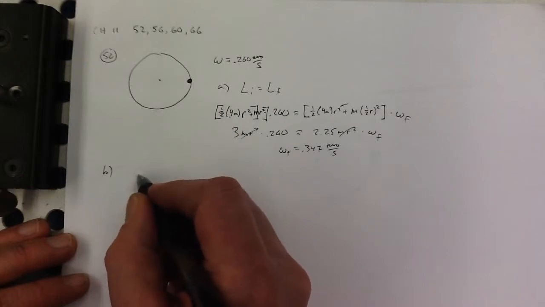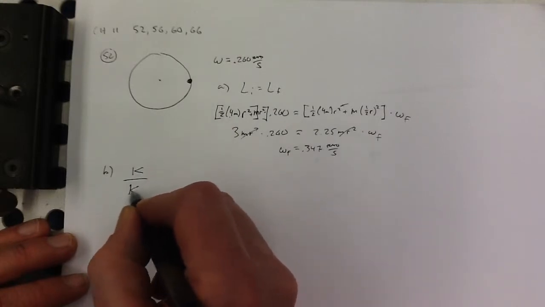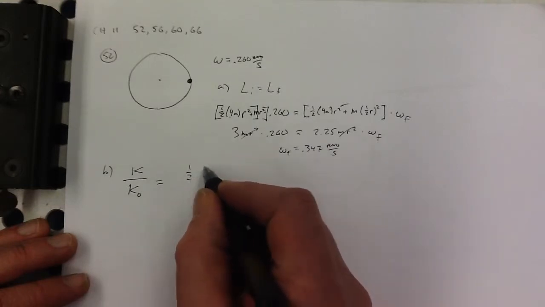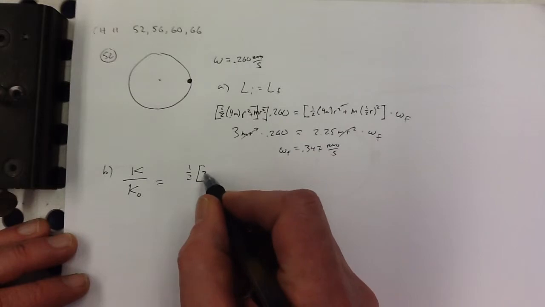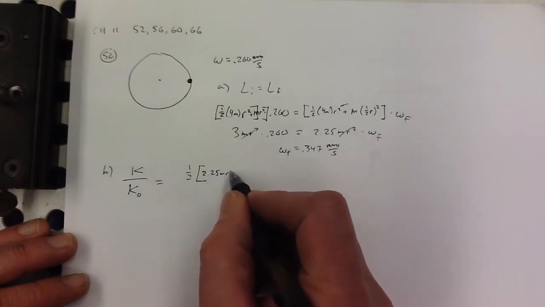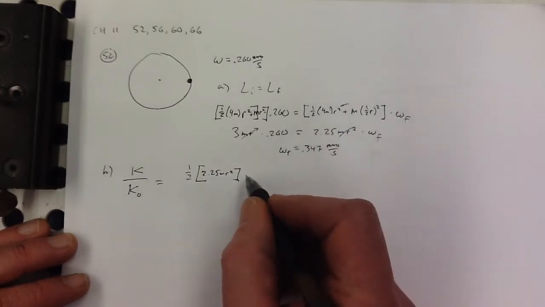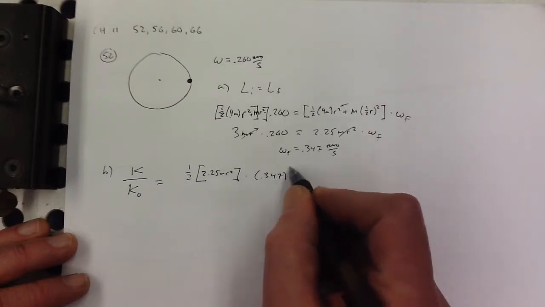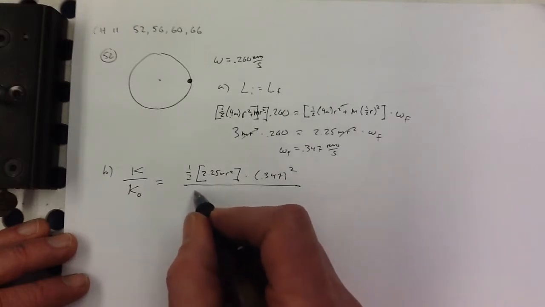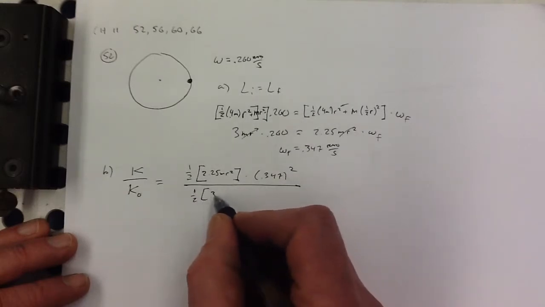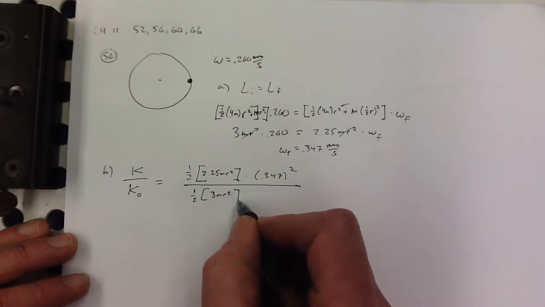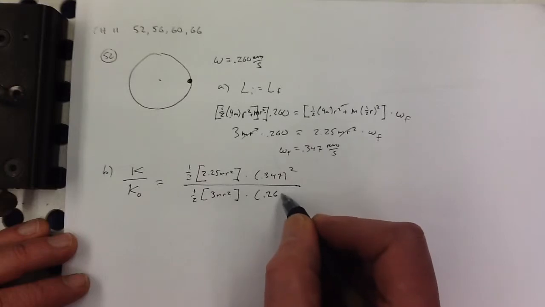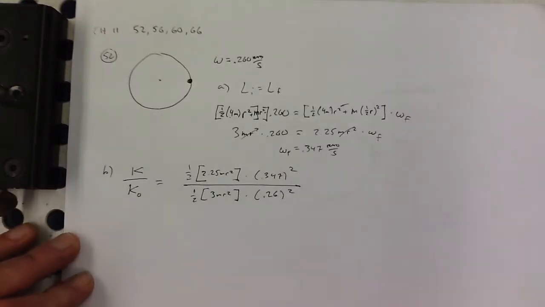So K over K sub 0 is equal to 1/2 I, which was 2.25 m r squared, did that already, times omega squared, over 1/2 I, did that already, right here, times the original 0.26 squared.